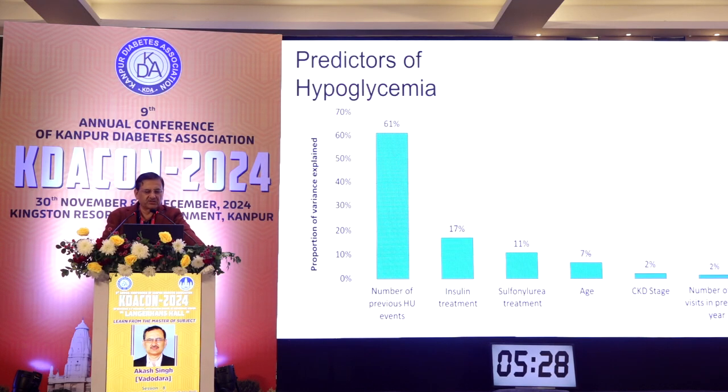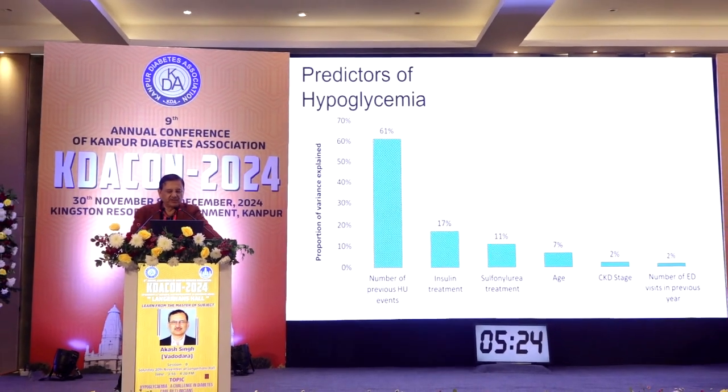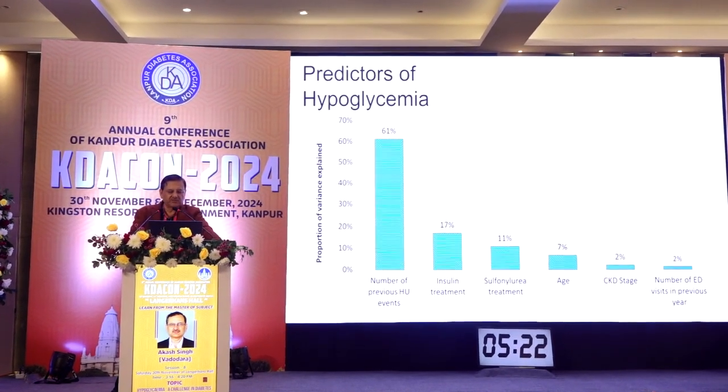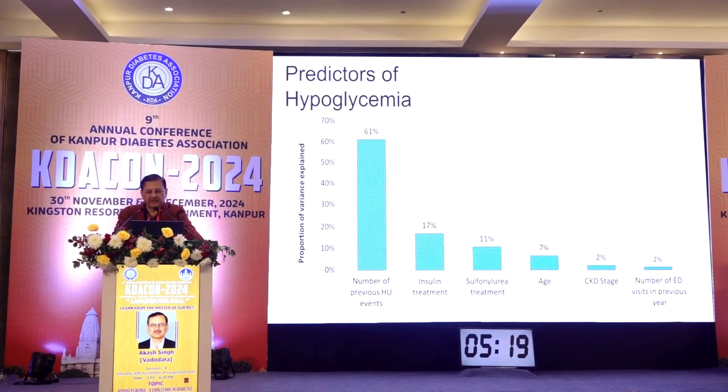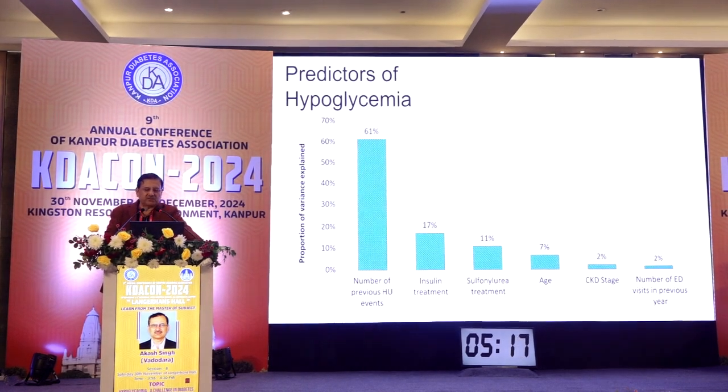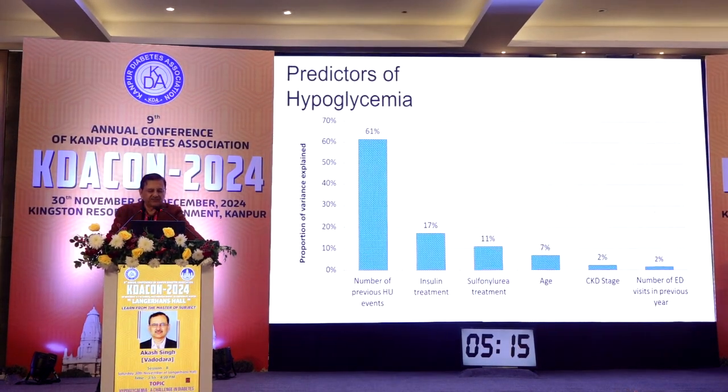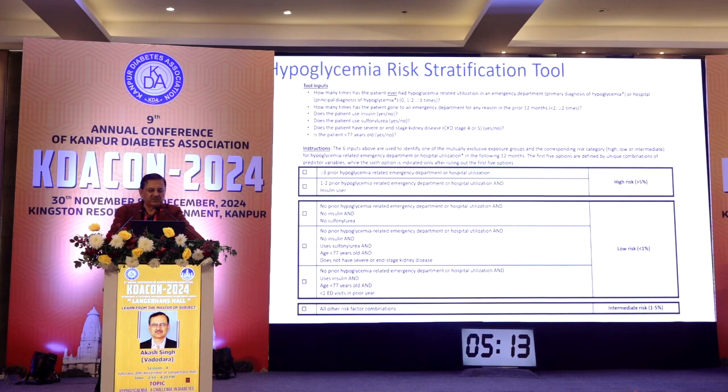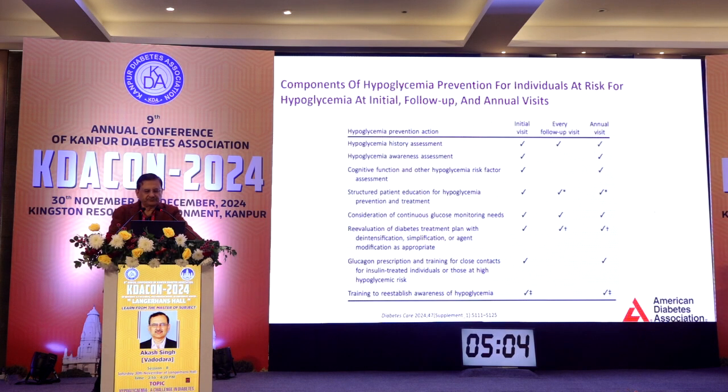The major risk factors for hypoglycemia are the number of hypoglycemia events the patient has had, insulin treatment, secretagogue treatment, age, CKD stage, and the number of emergency department visits in the previous year. Accordingly, a scale has been made for hypoglycemia risk category, in which we can classify the patient as having high risk or low risk.